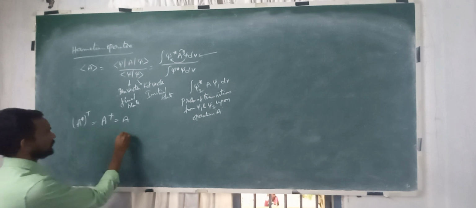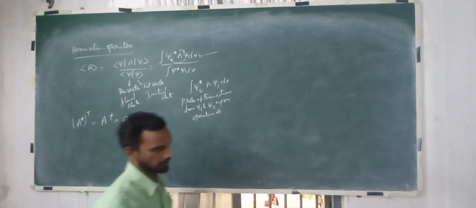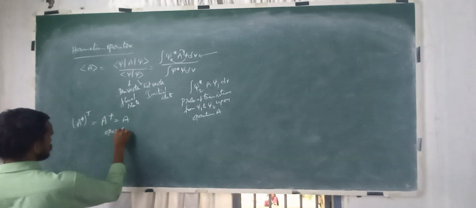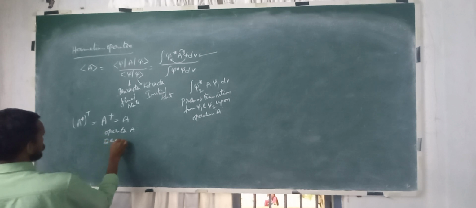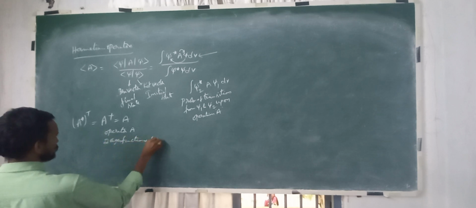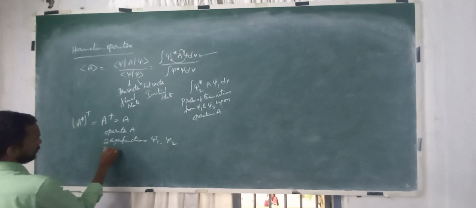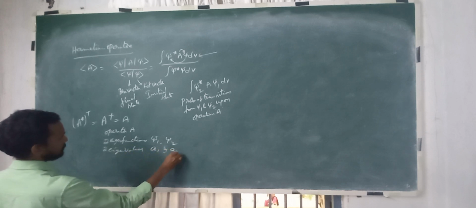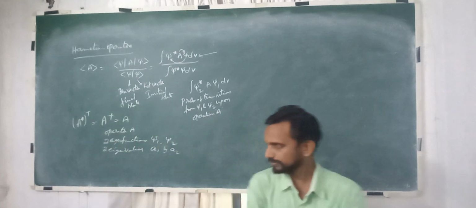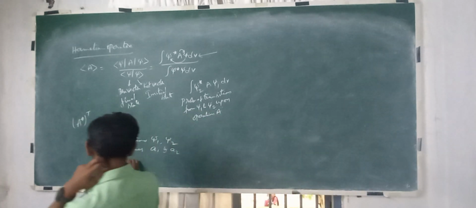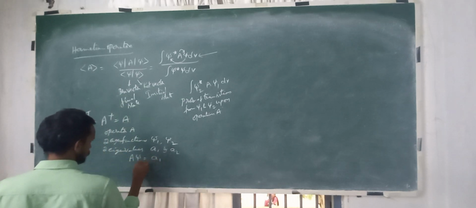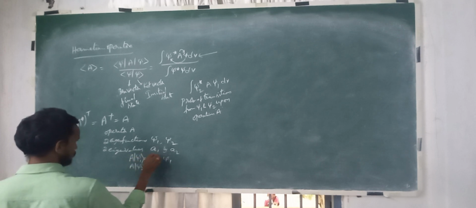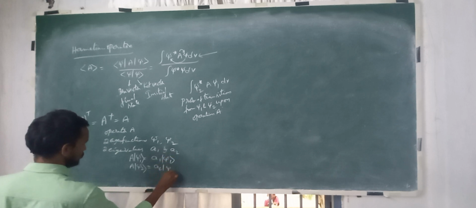So I am taking two eigenfunctions with two different eigenvalues for this operator. So I am taking operator A, psi 2.